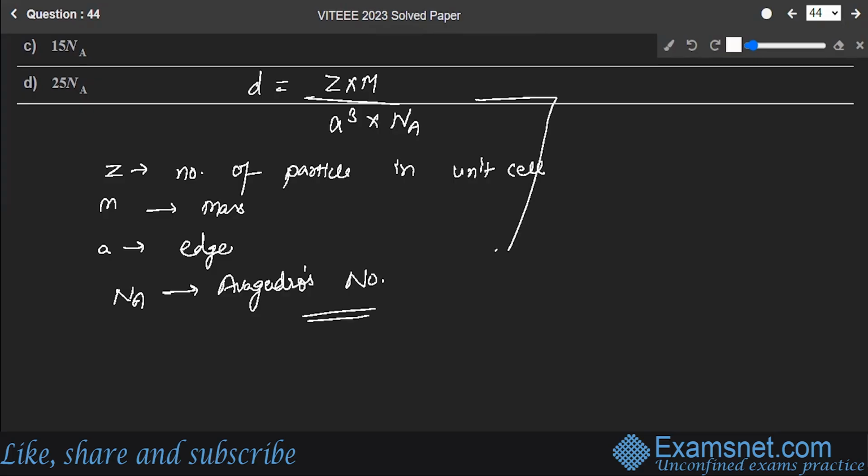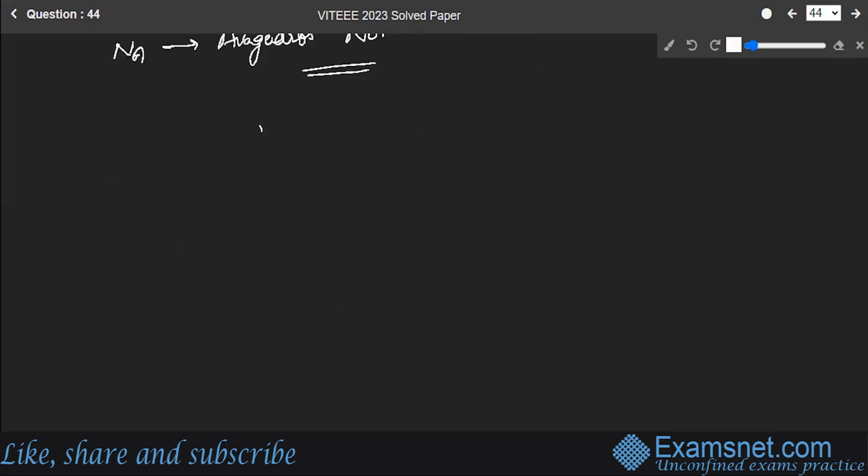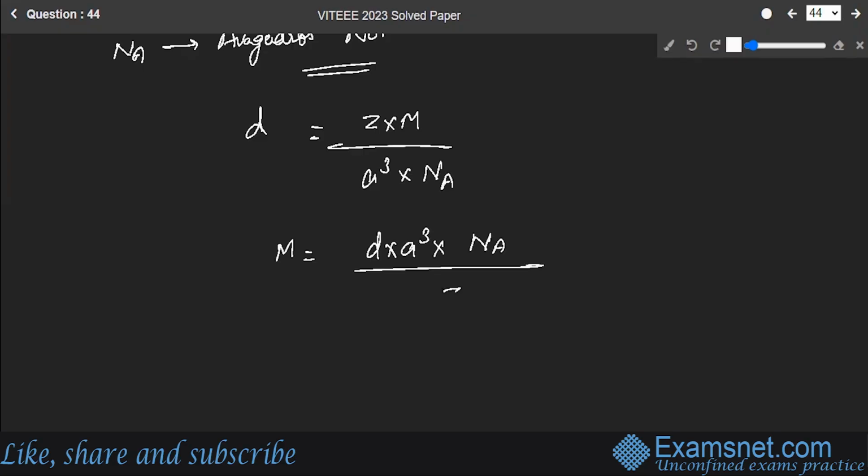So let's go back to this equation. You had D is equal to this. What I had to find out is mass. This is equal to D into A cube and A upon Z.